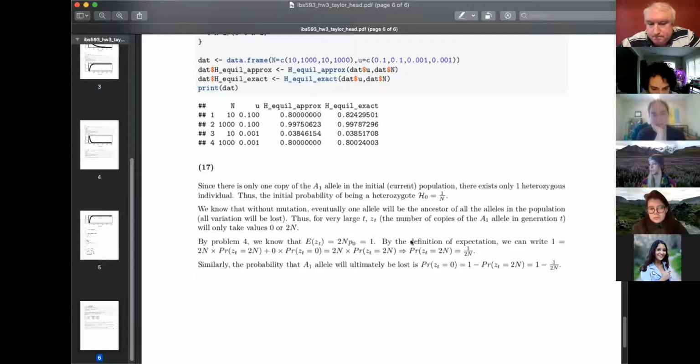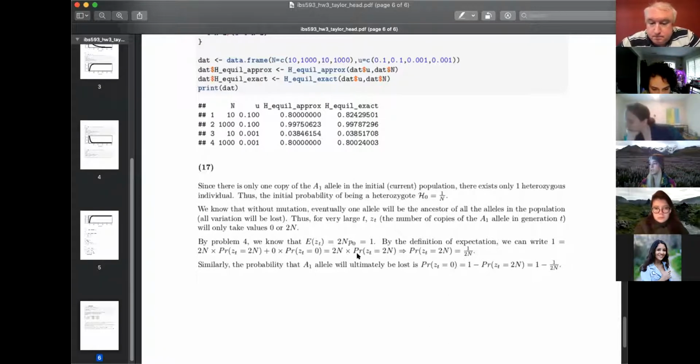But by the definition of expectation, we can write that 1 is equal to 2n times the probability that Z_T equals 2n, plus 0 times the probability that Z_T equals 0, since those are the only 2 values it would ultimately take. And the 0 term drops out, and we're left with 1 equals 2n times the probability that Z_T equals 2n.